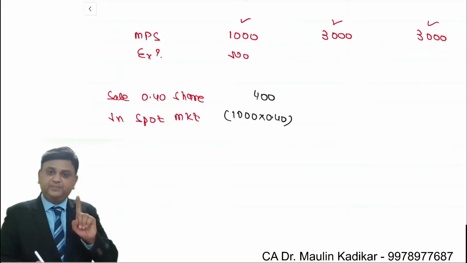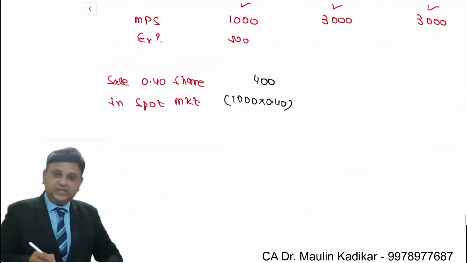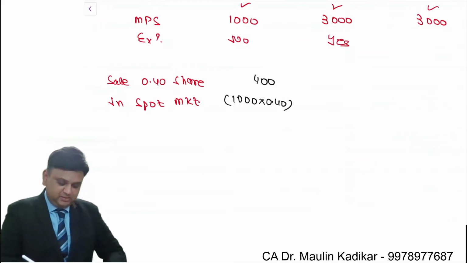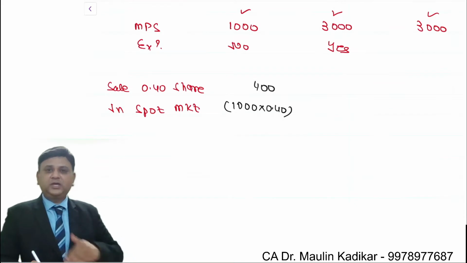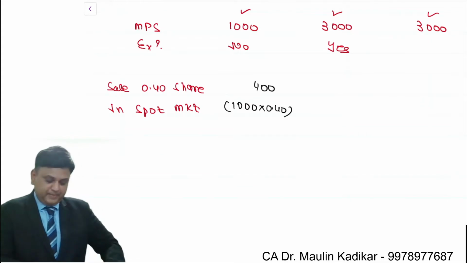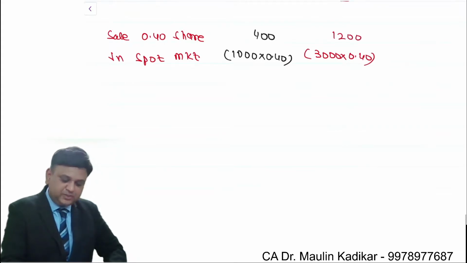If you take the price 1000 as base, now take 3000. In that set, two methods are there. Whether exercised, yes. The option holder comes to your residence. You just tell him that I'll pay you the payoff. Is that fine? He says okay. Then in that case you sell 0.4 share. So 3000 into 0.4, you receive rupees 1200.